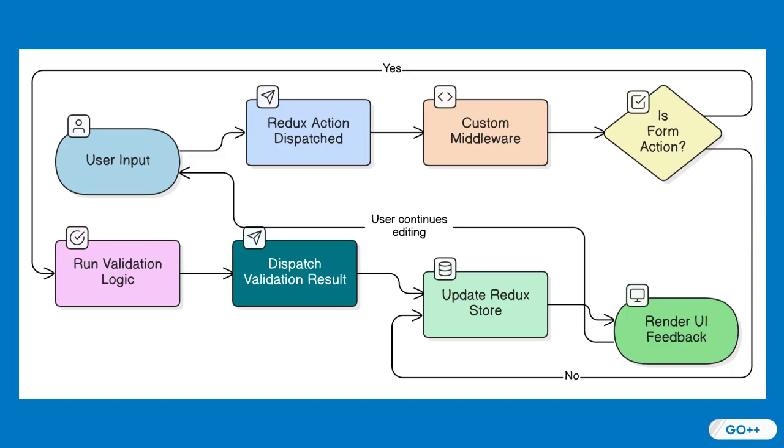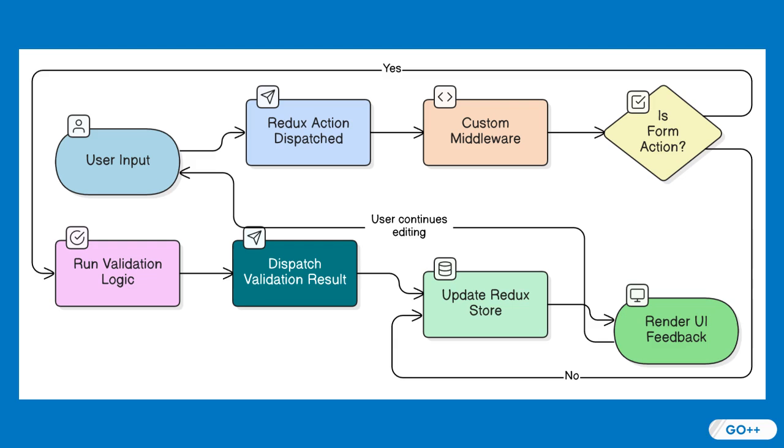Imagine building a sprawling city where every building must comply with unique safety codes, but the enforcement of those codes is handled by a centralized, transparent authority rather than leaving each architect to their own devices. This is the role Redux middleware plays in enterprise React applications when it comes to form validation.